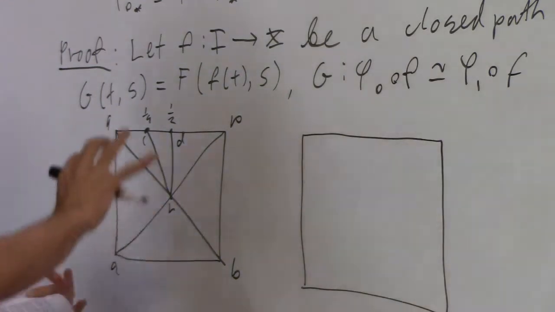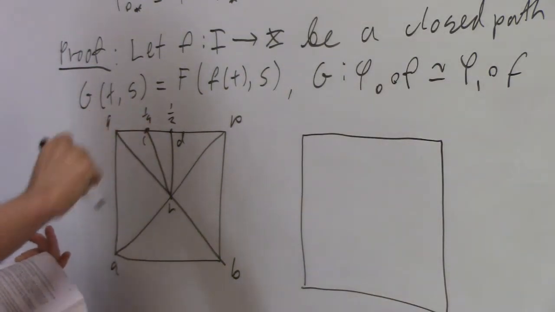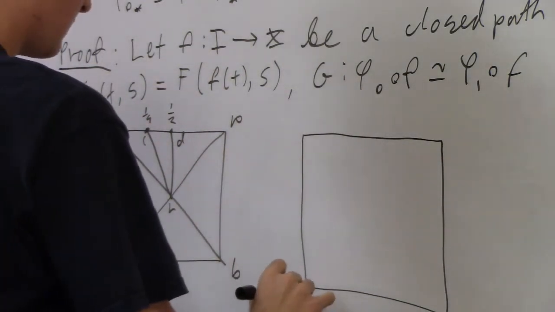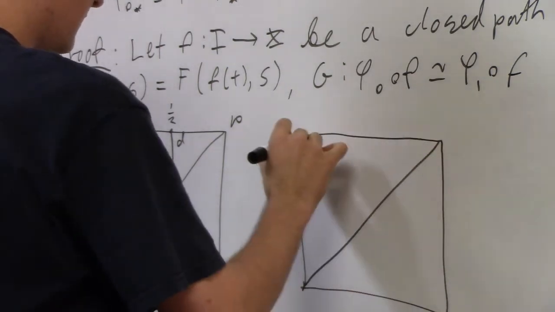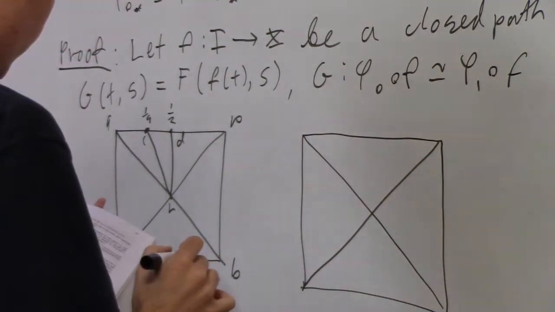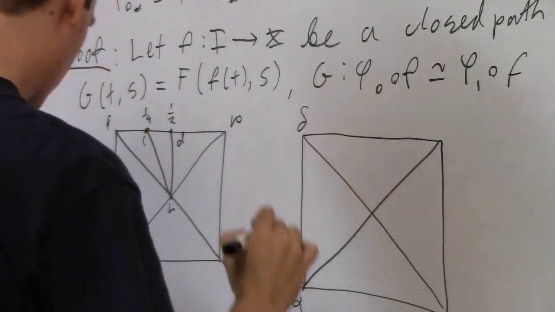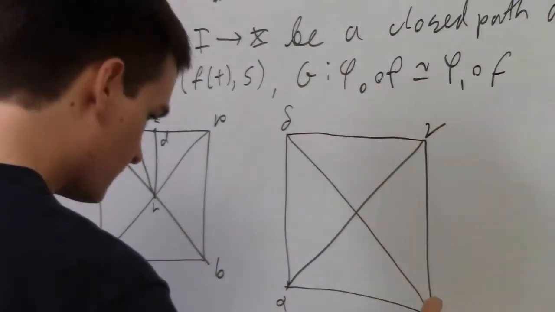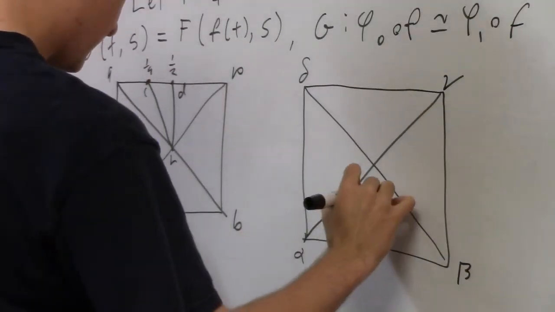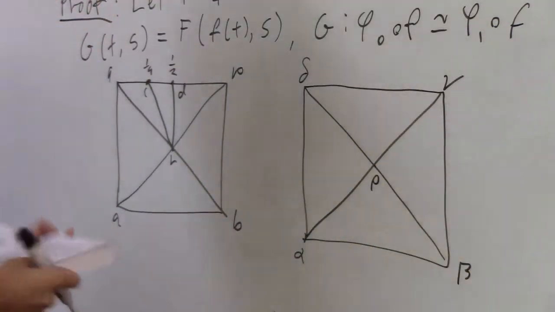So this is how we're partitioning our domain. Our range we're partitioning, it's going to be a lot simpler. So down here, we're naming points: alpha, delta, gamma, beta, and here in the middle, rho.